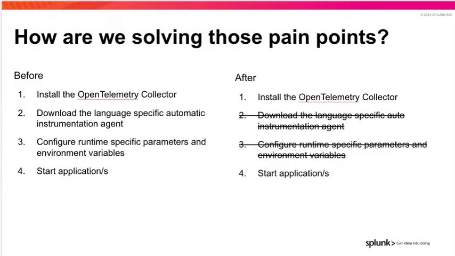For us, one of our goals is to simplify and shorten that time that it takes you to see the full value of OpenTelemetry and observability, which will then help a lot with adoption within your environments.